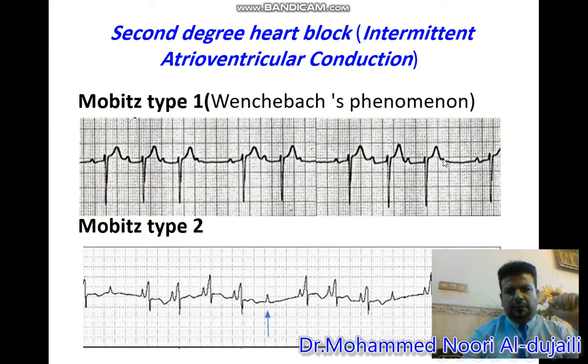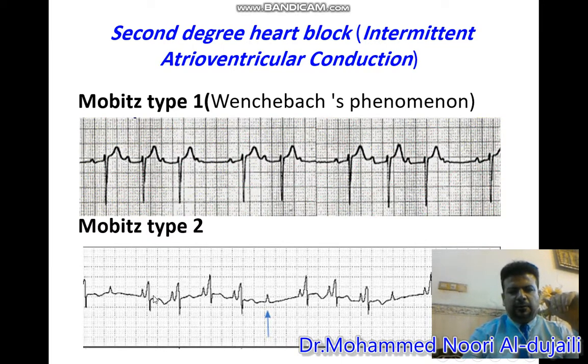This is the dropped beat, which is not followed by the QRS complex. There is a block. This is the Wenckebach phenomenon, and usually the block is at the level of the AV node and does not cause symptoms. It is benign, does not indicate ischemic heart disease, and does not need treatment.